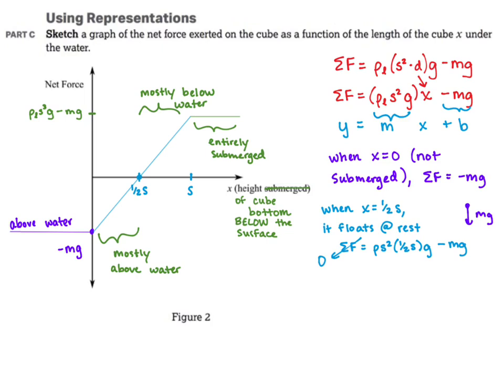If it is mostly below the water, it's going to experience an upwards force because that net force is positive. And once it is entirely submerged, the force becomes that constant value, the one we drew our free body diagram for: rho s cubed g minus mg, once we are fully in.